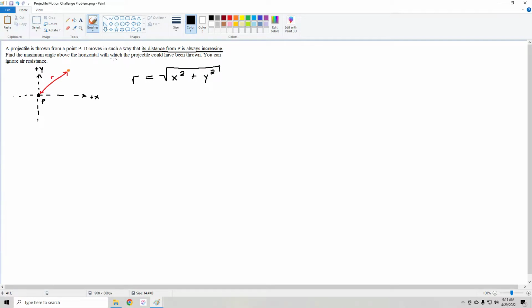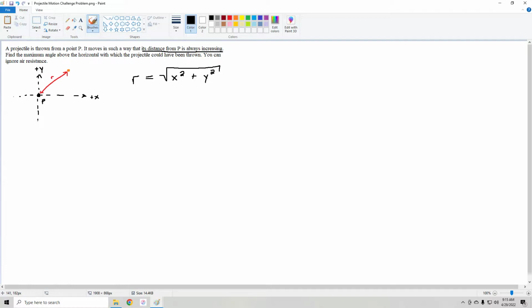Now, in this second sentence, we're told the projectile is moving in such a way that its distance from the origin is always increasing. So that means that the rate of change of the distance between the projectile and the origin is positive. It's always positive. It's always increasing. Okay?